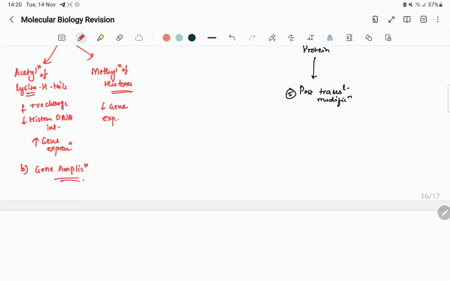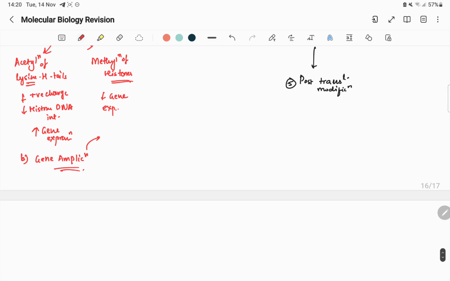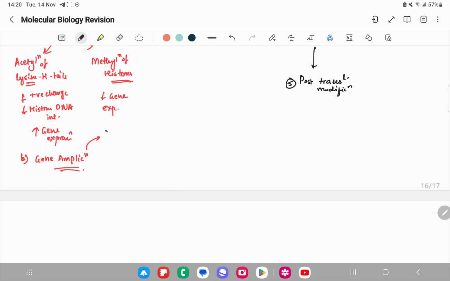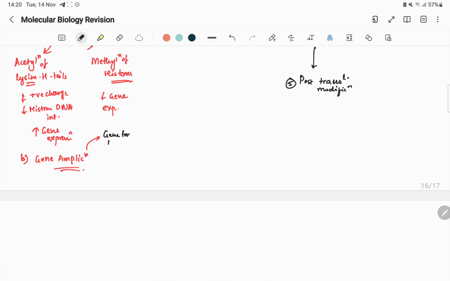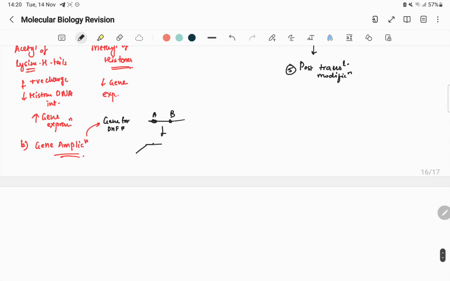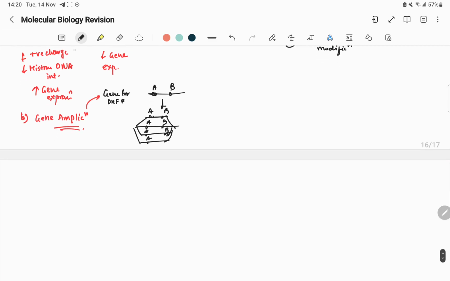The gene is amplified, for example a gene for DHFR. The A gene and B gene are here. If this is amplified, it will produce something like this. Here the gene is getting amplified. This is called gene amplification.